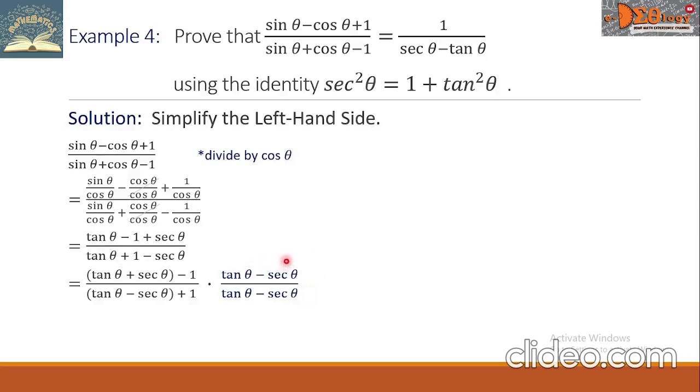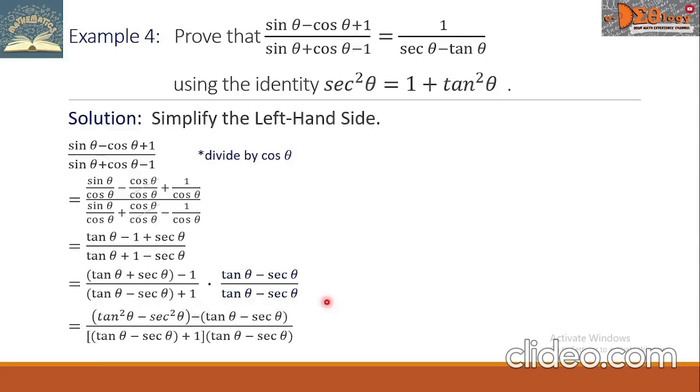So what we'll do here, we will multiply this numerator in this group and then in the negative one. So it becomes like this. Tangent squared theta minus secant squared theta minus the tangent theta minus secant theta. In the denominator, we'll just put them together.